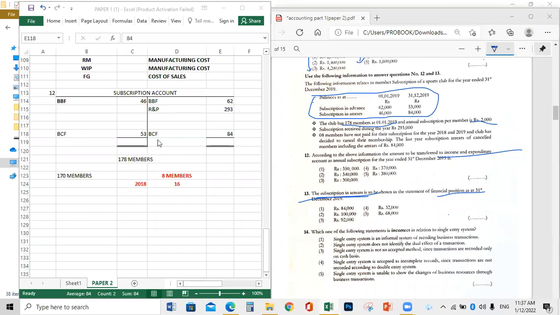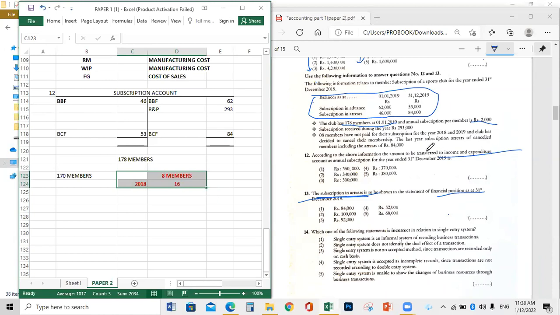So this 84,000 includes this 16,000. Read it again, that's what they are telling. How do I know? Because they told here the last year subscription in arrears of the cancelled members.